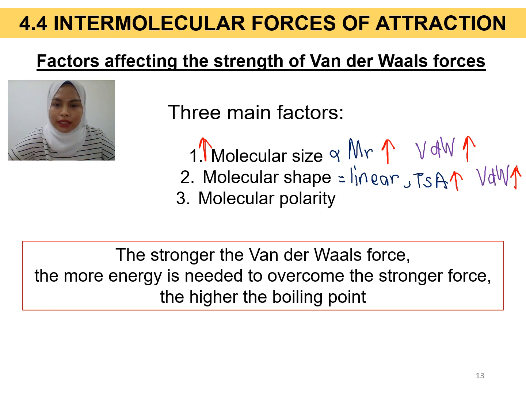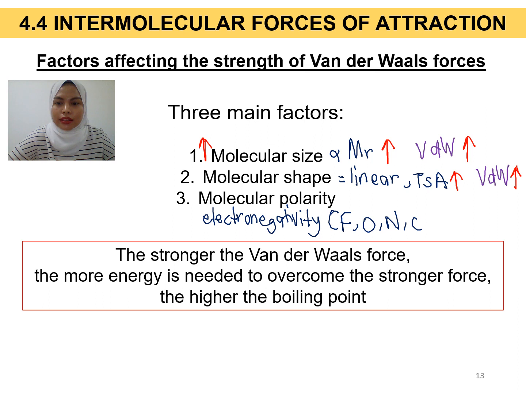Molecular polarity ni dia akan depends pada electronegativity untuk sesebuah atom. Okay, kita tahu electronegativity untuk atom, apa yang most electronegative atom, fluorine, lagi oksigen, nitrogen, Cl. Keempat-empat atom ni, dia punya electronegativity dia sangat tinggi.